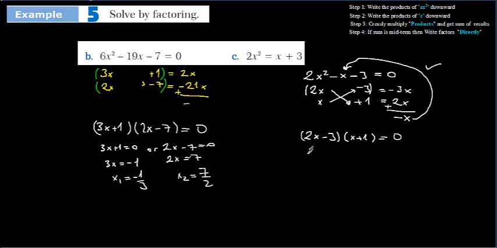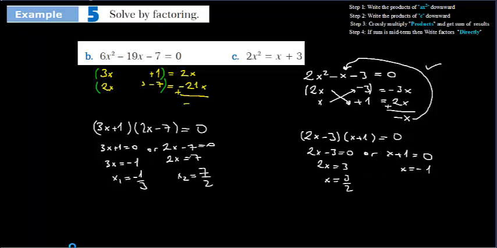Then 2x minus 3 is equal to 0, or x plus 1 is equal to 0. 2x is equal to 3, x is equal to 3 over 2, and x is equal to minus 1. So the solution set is minus 1 and 3 over 2.